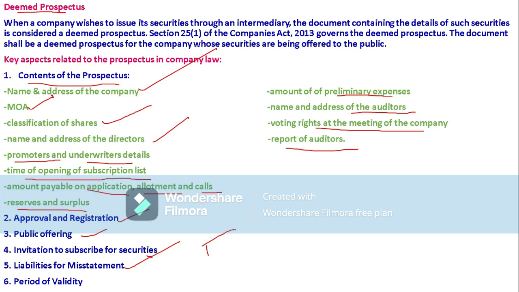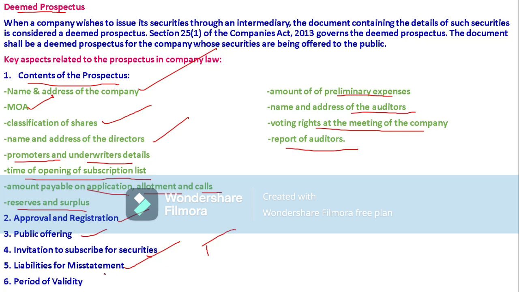True, accurate information should be given to the investors, because they are investing their money in the company. So they have every right to know the true information. If there are any material misstatements, misinformation or omissions in the prospectus that result in investor losses, the company and its officers may be held legally liable.